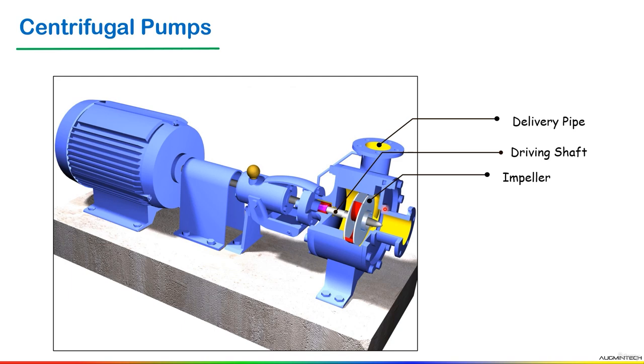Our main target is, by using the impeller, to increase the kinetic energy of the flow. Now remember one point: impeller design is the most significant factor for determining the performance of a centrifugal pump. A properly designed impeller optimizes flow while minimizing turbulence and maximizing efficiency.